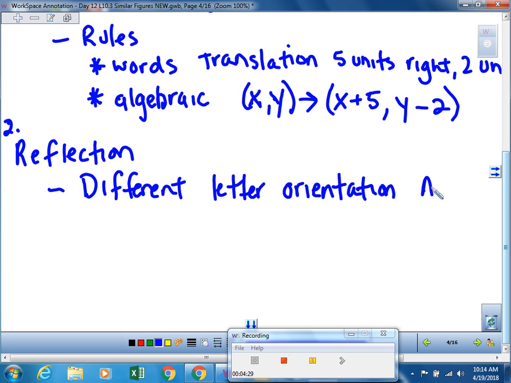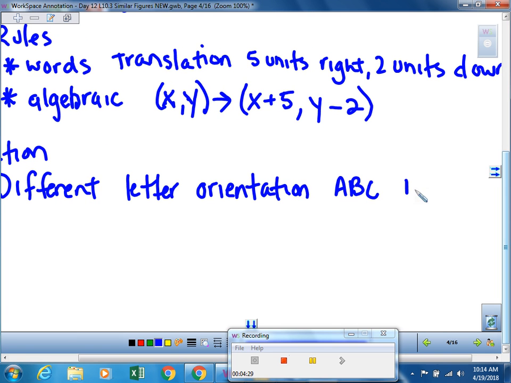So if you have ABC, it is not ABC on your image. It is A prime, C prime, B prime. So if you are going A and you go clockwise around, and you start with the pre-image, ABC. On the image, it would be A prime, C prime, B prime.